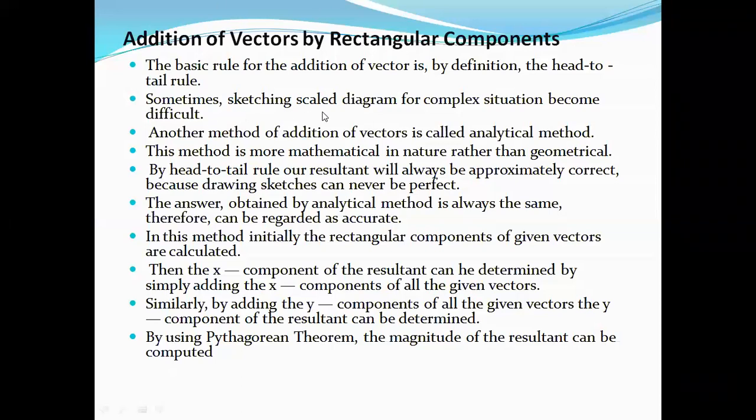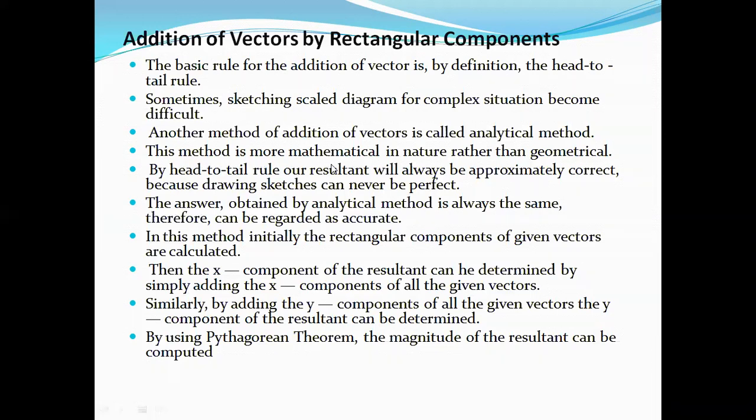Sometimes sketch and scale diagrams of complex situations become difficult. That means a diagram cannot reveal the accurate answer. That's why we have to use another method of doing this calculation. Otherwise our answer will be approximate. Another method of addition of vector is called the analytical method.